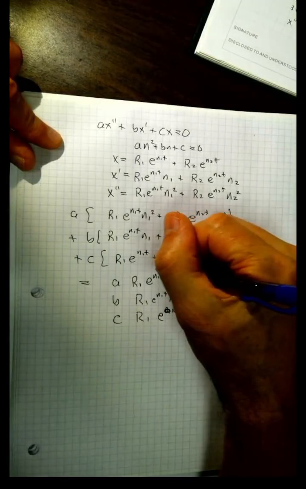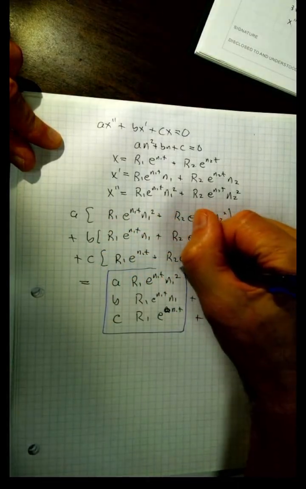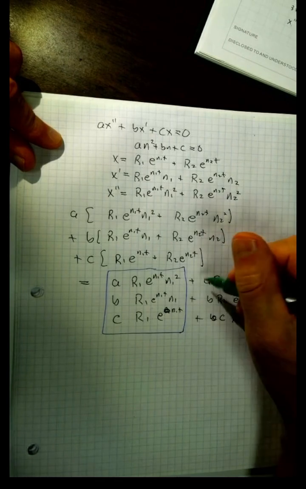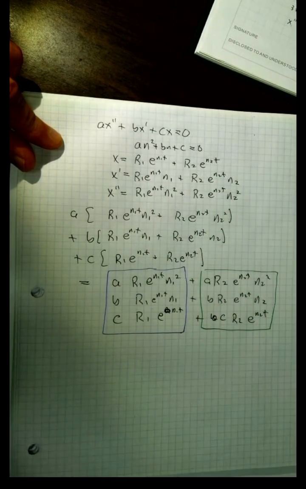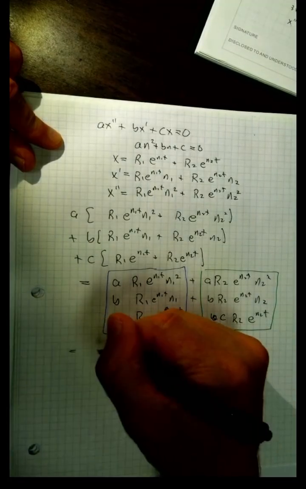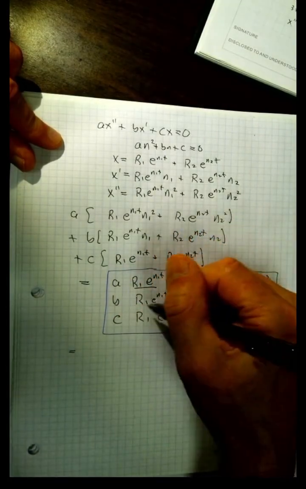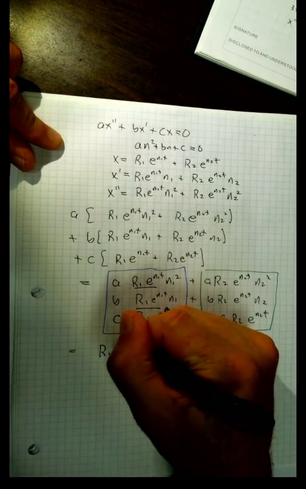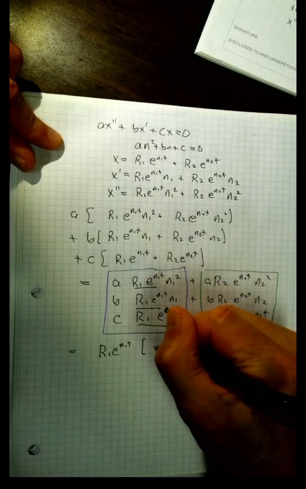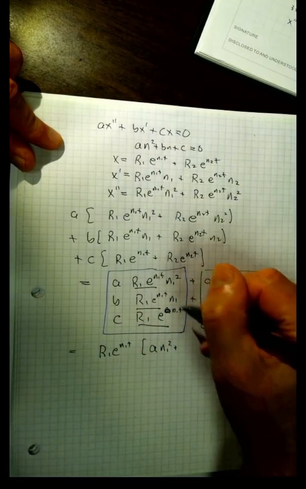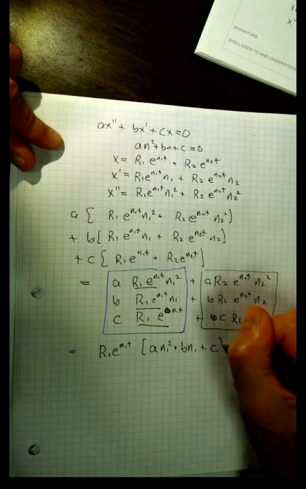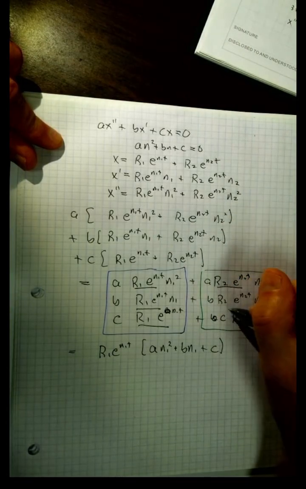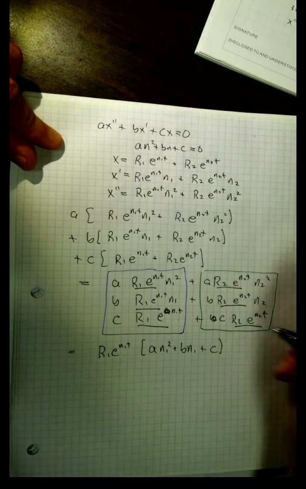Now notice I can add the exponential terms that have e to the n1t, and I can separately add the exponential terms that have e to the n2t. If I do that, notice I've got r1 e to the n1t in each, so I can factor that out. I have a n1 squared plus b n1 plus c. Then for this term, notice I've got r2 e to the n2t in each.